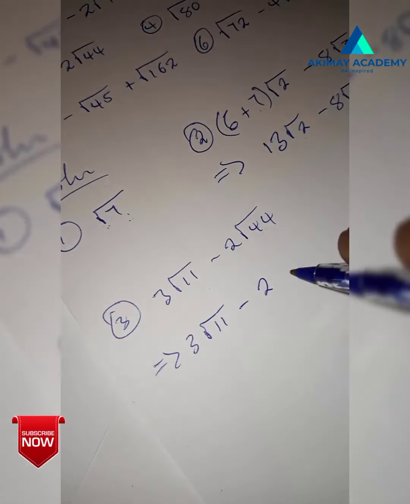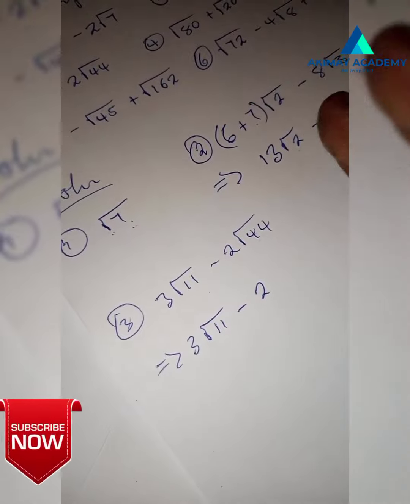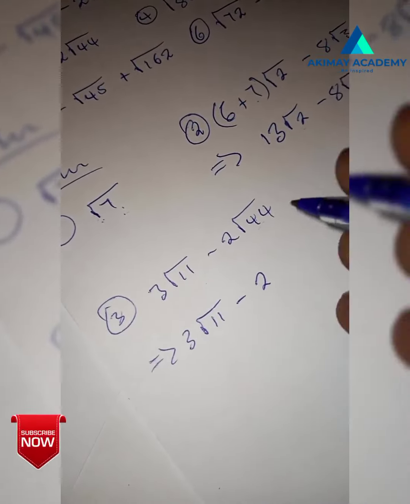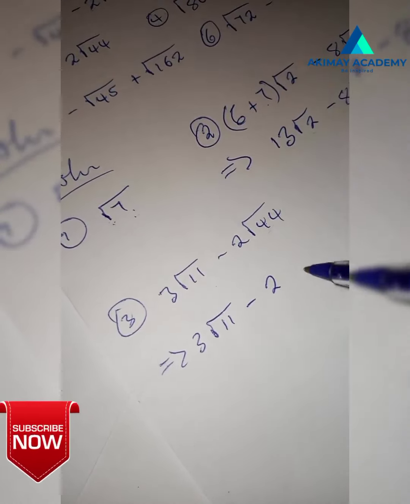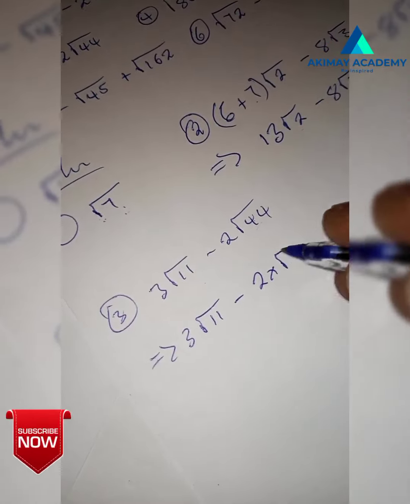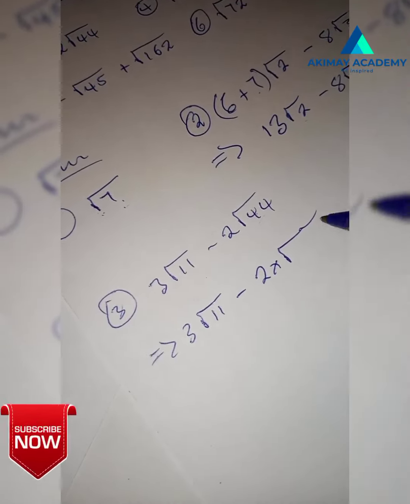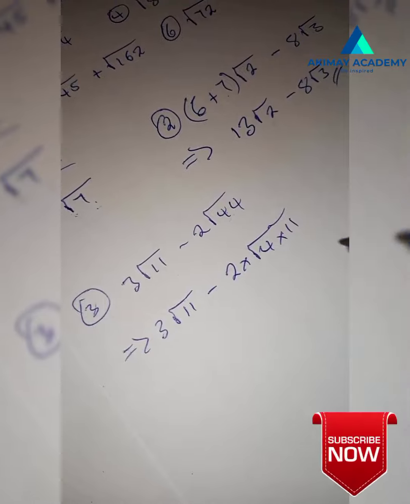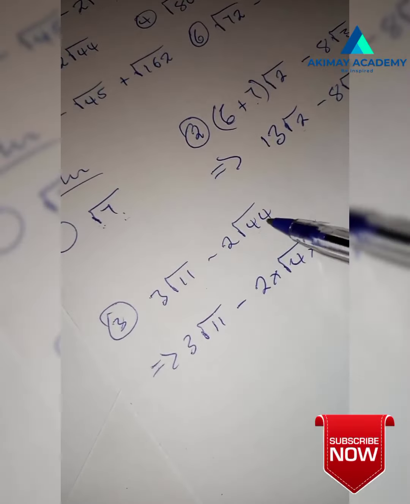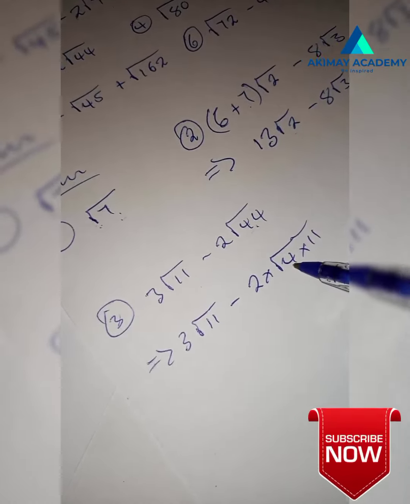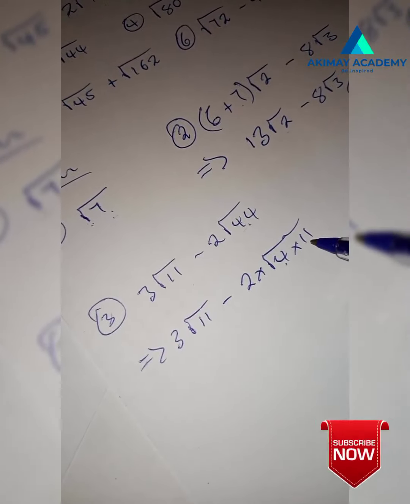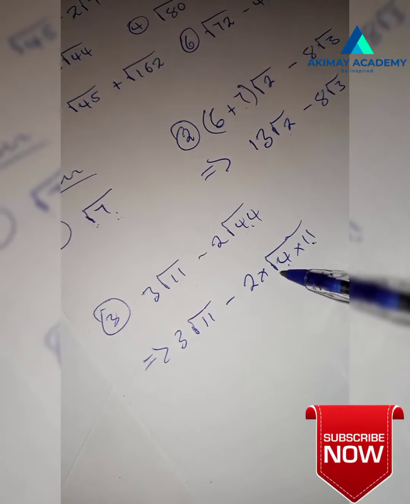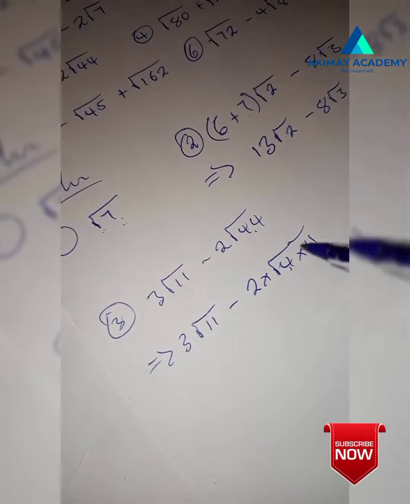Then the 44, is there any way we can have a perfect square and a non-perfect square where they can multiply to get 44? Yes, I know it's 4 times 11. So 4 times 11 gives us 44. Now 4 is a perfect square, 11 is a non-perfect square. Because 4 is a perfect square, square root of 4 gives us 2.